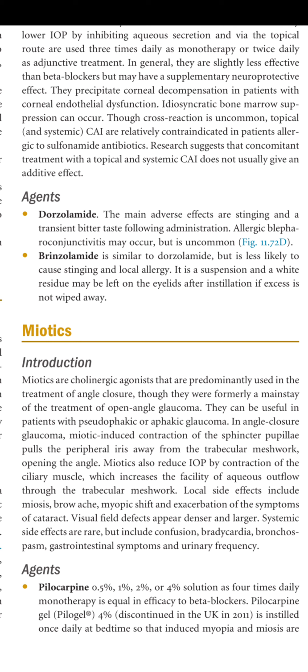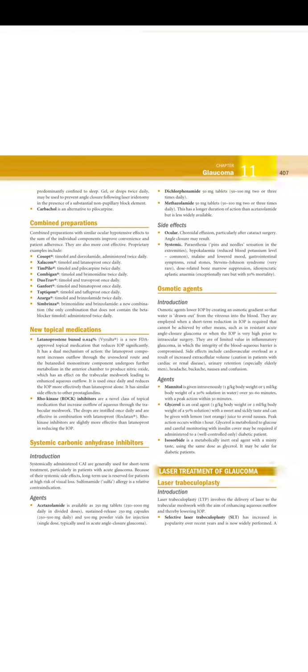So the local ocular side effects are that it causes miosis, brow ache, myopic shift, and it can cause the symptoms of the cataract to be exacerbated. Visual field effects appear denser and larger. Systemic side effects are rare but include confusion, bradycardia, bronchospasm, gastrointestinal symptoms, and urinary frequency. And the agents are pilocarpine and carbachol.